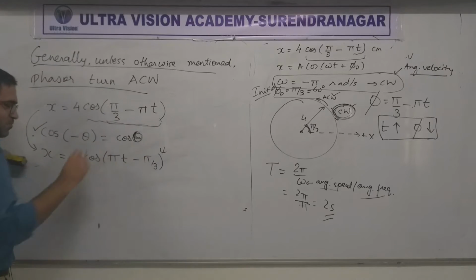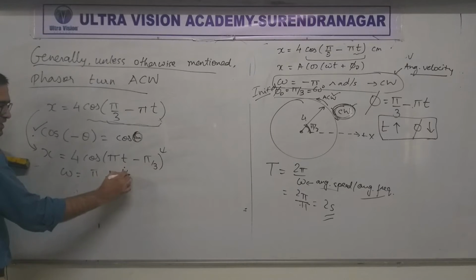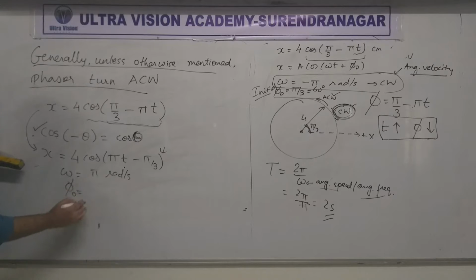Now look at this. What is omega? Pi radian per second. What is phi 0? Everyone, it's not pi by 3. It's minus pi by 3. Correct.